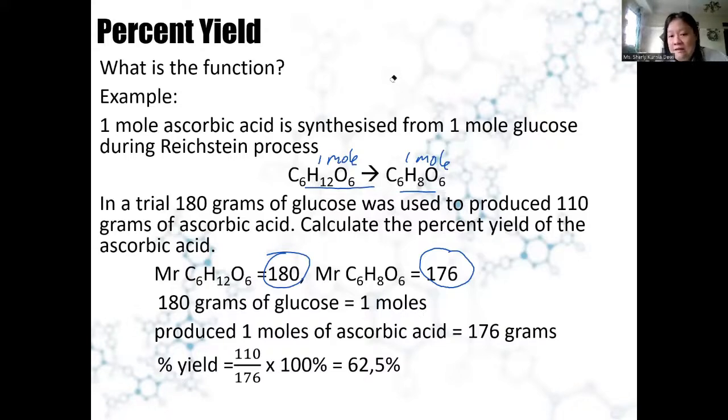Okay, this one is 1 mole. First, we have to convert 180 gram of glucose to moles.